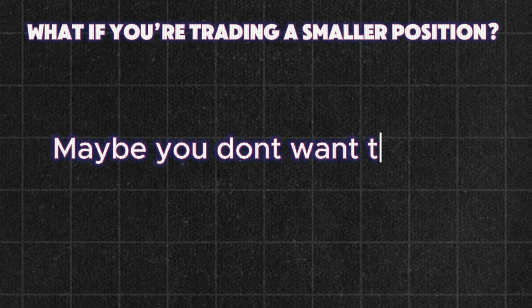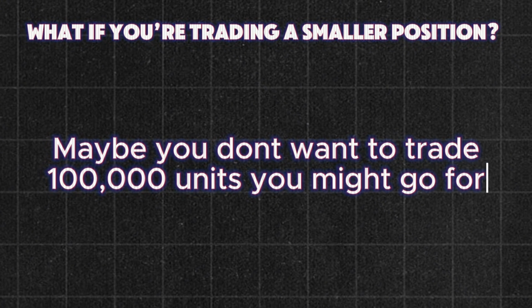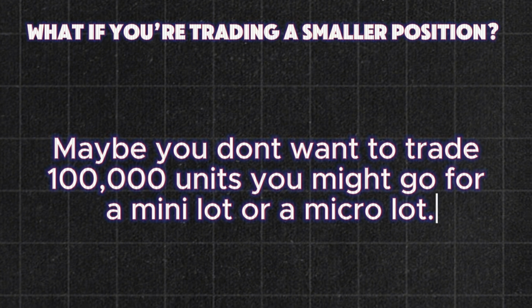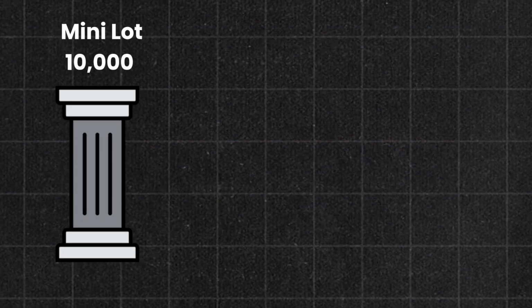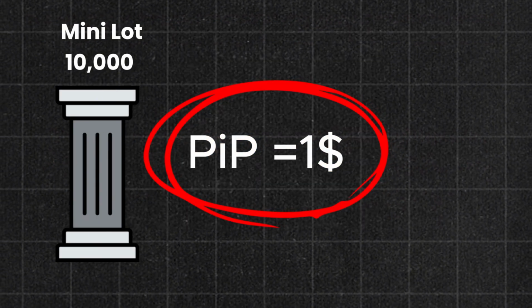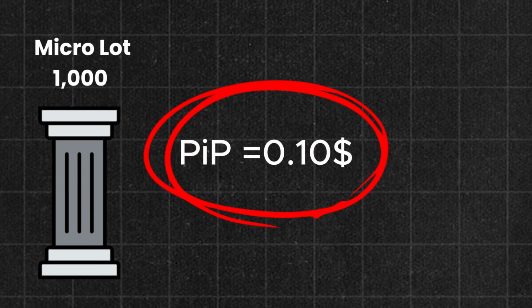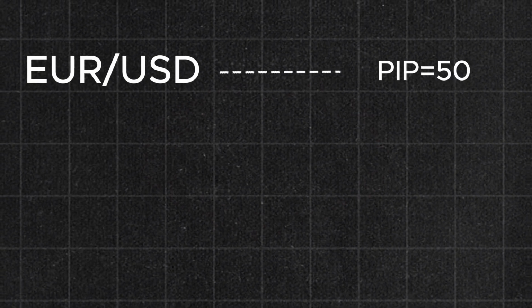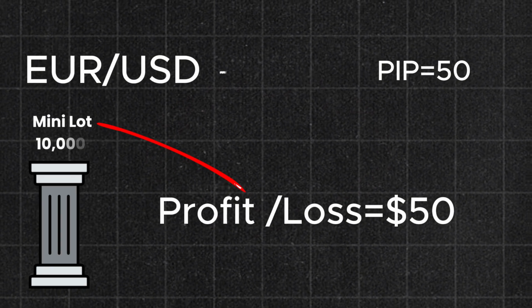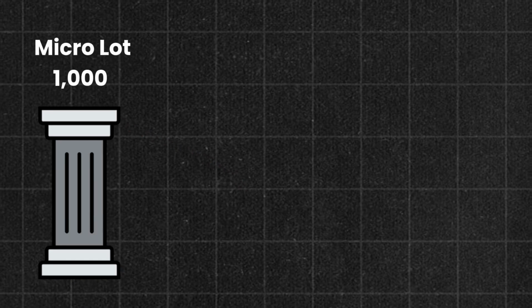Maybe you don't want to trade 100,000 units. You might go for a mini lot or a micro lot. A mini lot is 10,000 units of currency, and each pip is worth $1. A micro lot is 1,000 units, and each pip is worth 10 cents. So if Euro/USD moves 50 pips, your profit or loss on a mini lot would be $50, and on a micro lot, it would be $5.